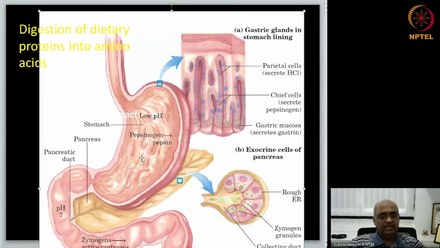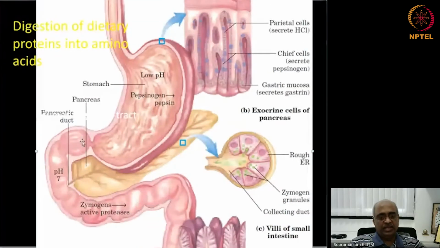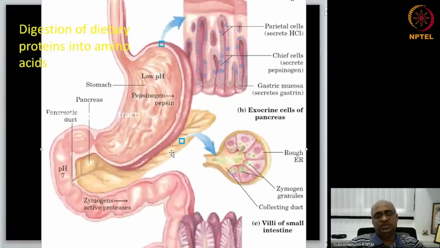And as the partially digested proteins enter the small intestine, that low pH stimulates the pancreas to produce digestive enzymes. Okay, the pancreas has two parts. For example, the islets of Langerhans produce the hormones glucagon, insulin, and somatostatin.